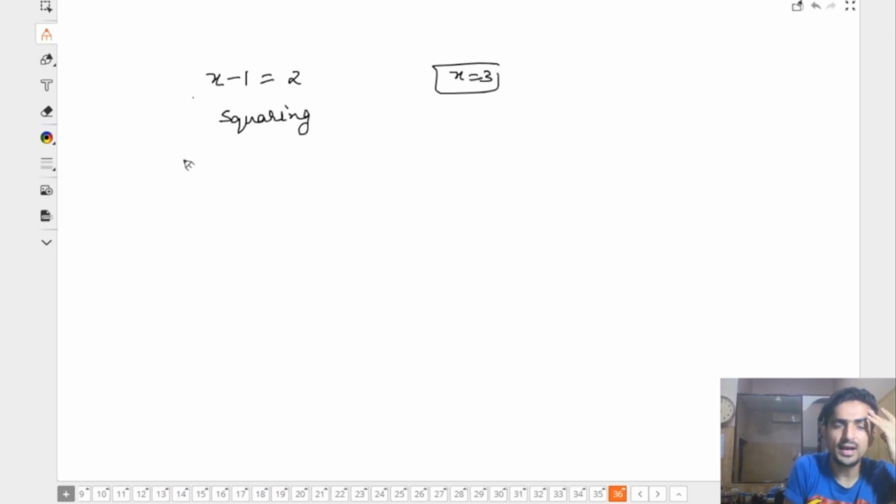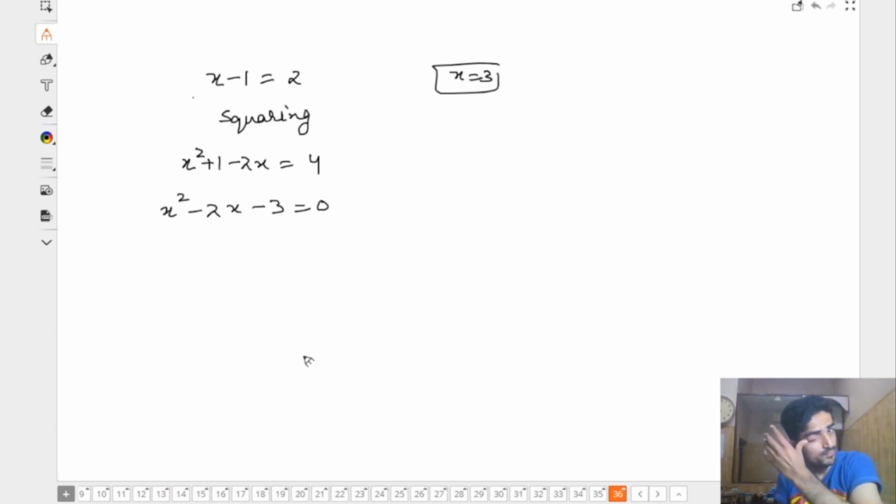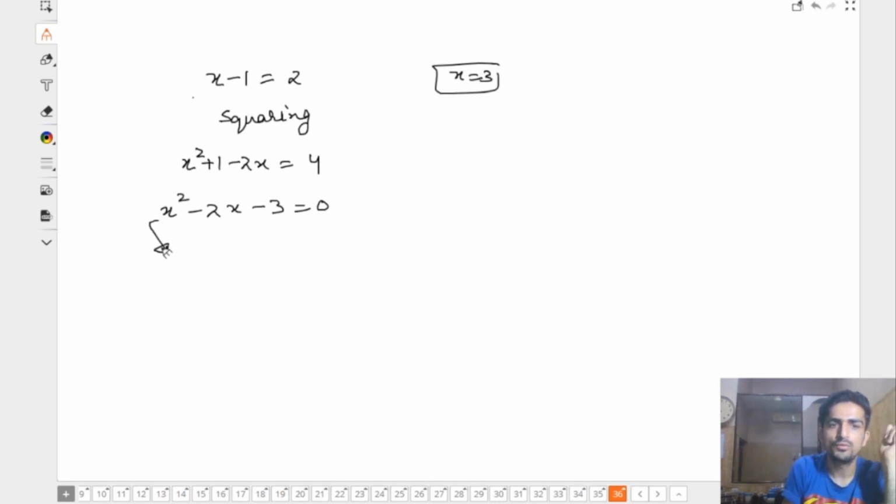When I squared it, I got x square plus 1 minus 2x equal to 4, which is x square minus 2x minus 3 equal to 0. Now from here, when I tried finding x, what do I get?